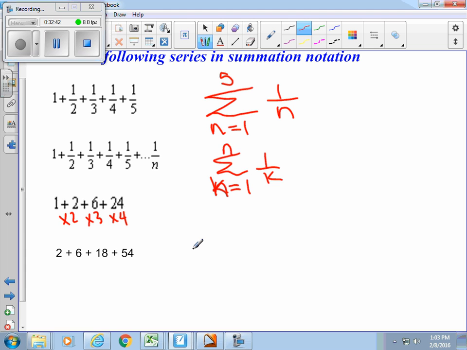Quick question. Let's rewrite this sequence without multiplying it out. The first one is 1. The second one is 1 times 2. Does everyone agree? What's the third one?